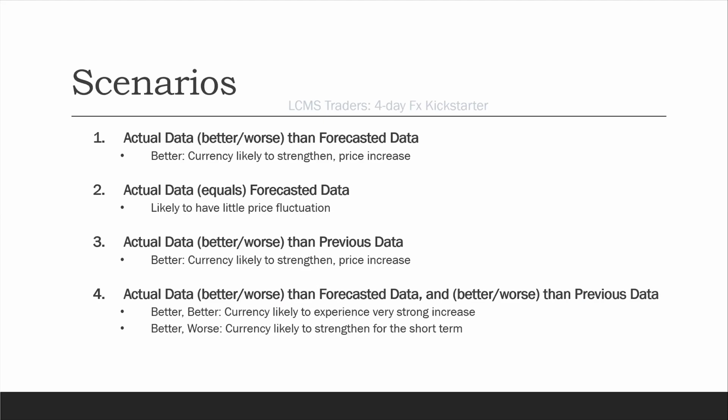If the actual data is better than forecasted and better than previous, you'll see currency likely to experience a very strong increase upwards. Or in the other scenario, if actual data is better than forecasted but worse than previous, you could see currency strengthen for a short period of time.